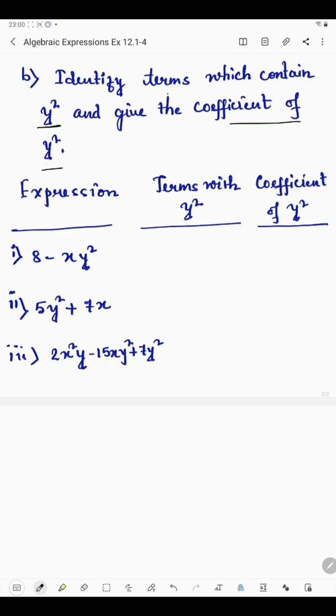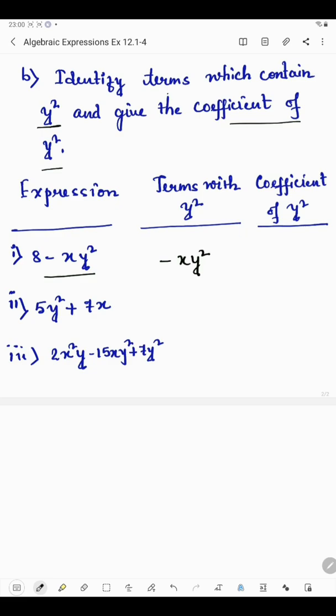See, in the first expression we have 8 minus xy square. In the first term y square is not present, so we take the term in which y square is present. So it will be minus xy square.